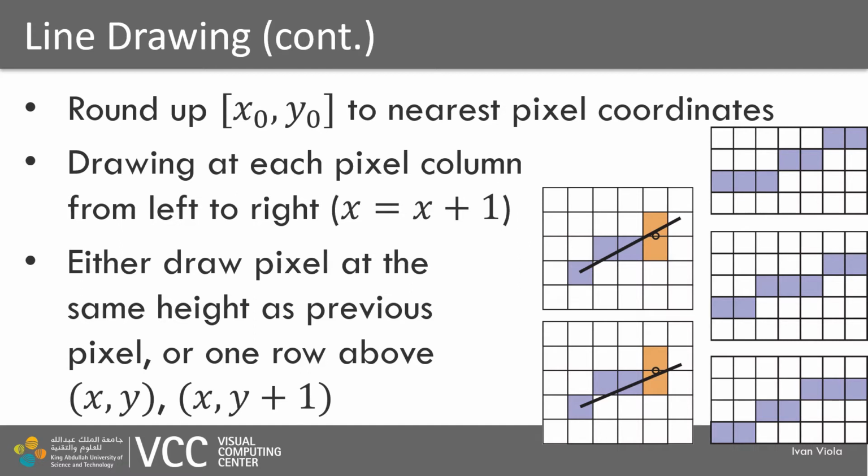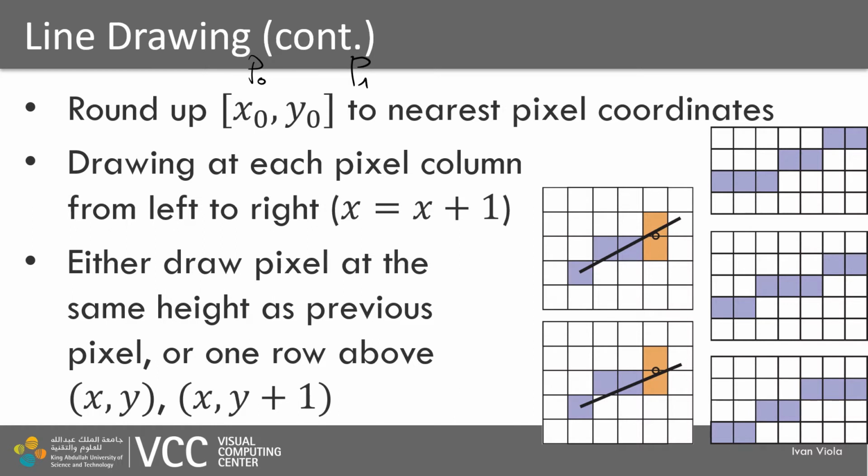So how do we do it? We first start with the point P0, which is the first point on the line, and let's say the second one is P1. I started on the previous slide with P1 and P2, but let's have P0 and P1.